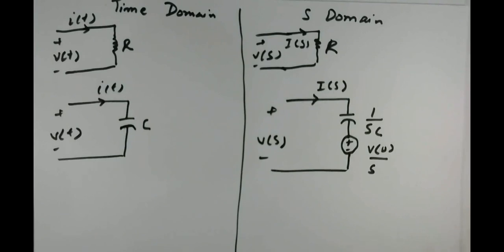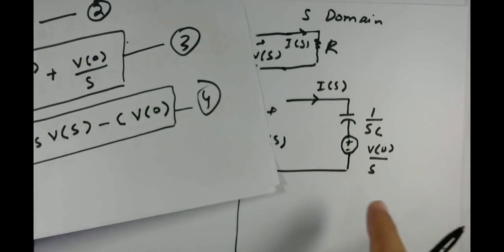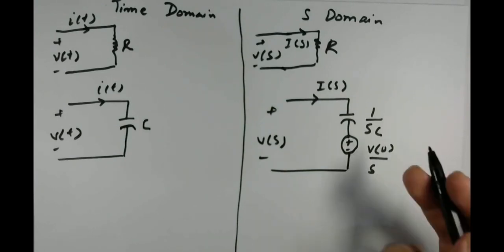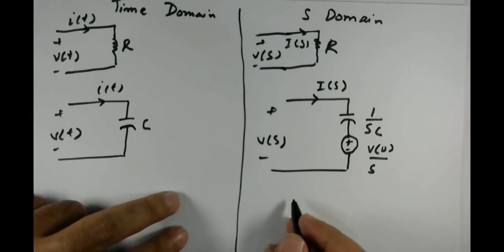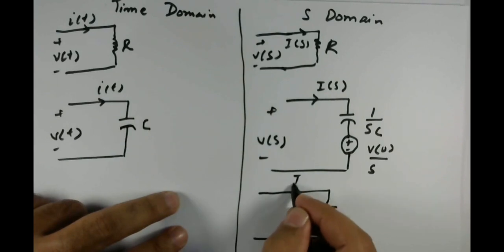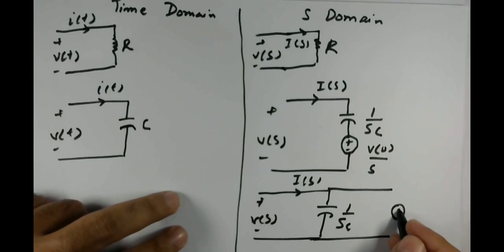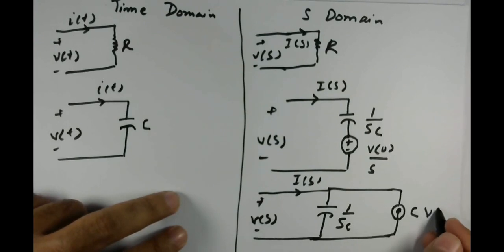Also for equation 4, this is your equation 4, so we can also draw this diagram with current sources as well. Okay, we just replace this voltage with current source. Okay, so this will become capacitor, okay, the same I of S, plus minus V of S. This is your 1 by SC, and in parallel we inject a current source whose value will be C V of 0.